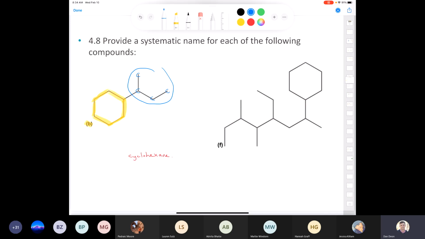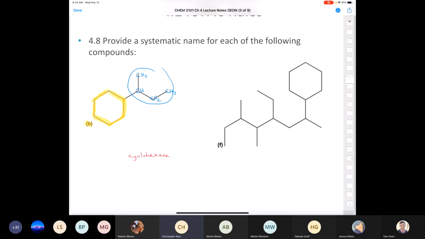Now, based off of the substituents that we looked at, you see that this substituent has 1, 2, 3, 4 carbons. Could anybody identify this substituent based off of the substituents that we looked at this morning? Is it butyl? It's a kind of butyl, right? Because it has 4 carbons.